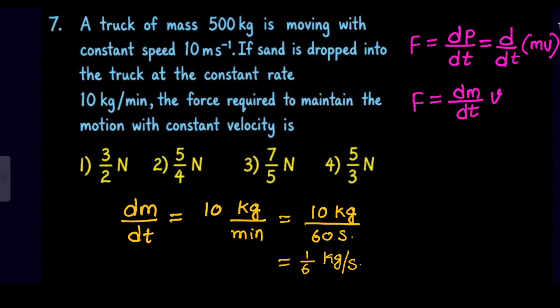Now we place this value here to get the force. dm by dt is 1 by 6, and velocity we should maintain constant, they gave 10. Speed, velocity only.